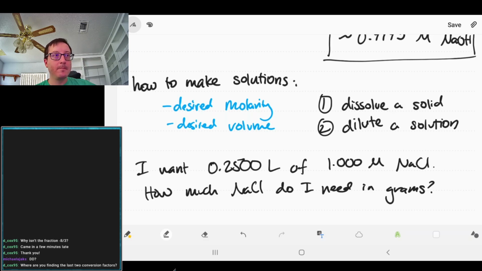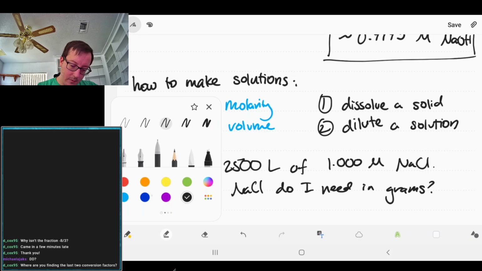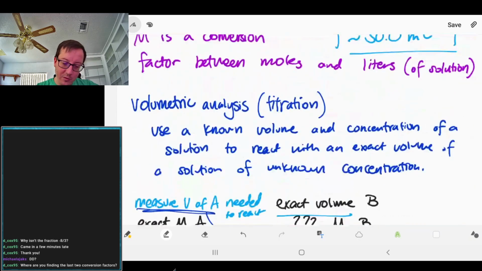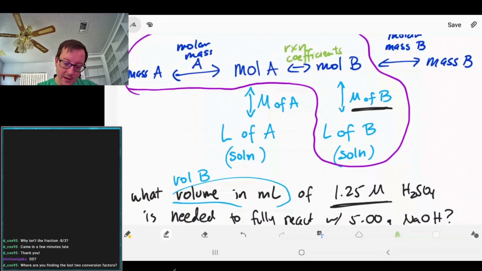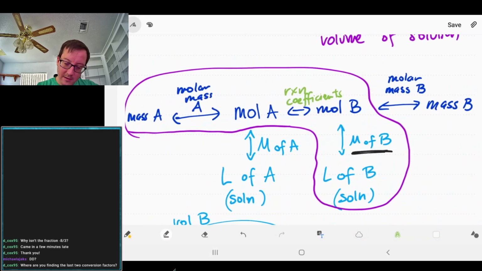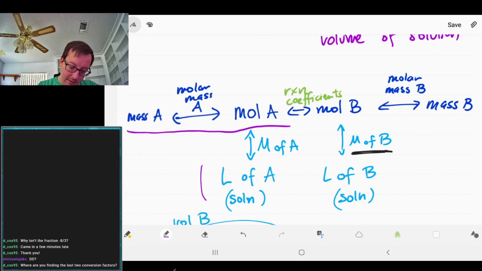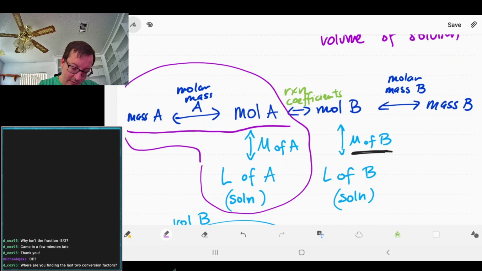Well, if we go way back up to our chart of fun stuff, wow, that chart is way up here. Making a solution is just doing this bit if you're dissolving a solid: mass of A, molar mass of A, moles of A to liters of A. In this case, we're starting with liters. That's the amount we know.